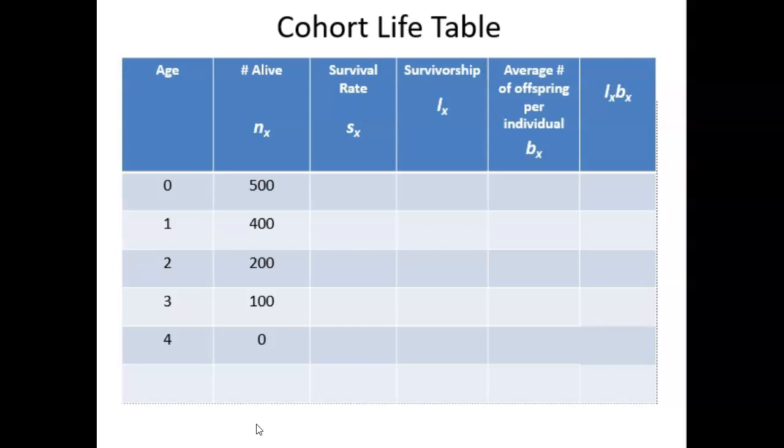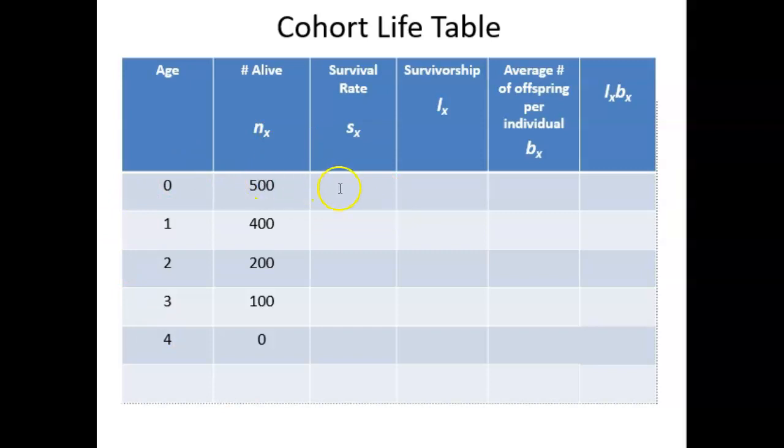Now, one of the things that we can keep track of here is the survival rate. And the survival rate says, if you are alive at the beginning of a time period, what are the chances you're still alive at the beginning of the next time period?